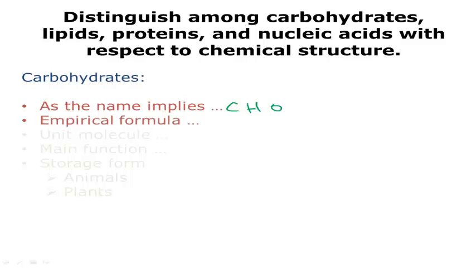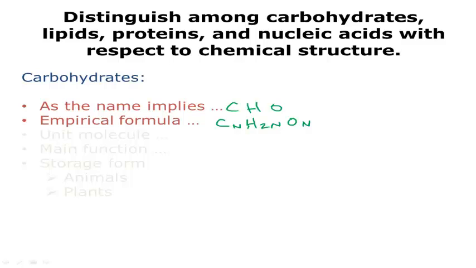Then there's something called the empirical formula, not to be confused with the molecular formula. So the empirical formula is the simplest whole number ratio of the elements in that molecule. So in the case of carbohydrates, we would say that it's CnH2nOn, where n is of course a variable. So in other words, 1 carbon to 2 hydrogens to 1 oxygen.